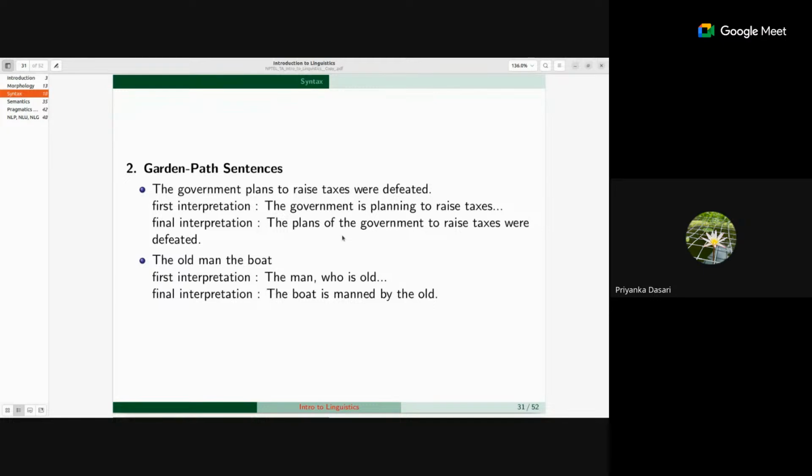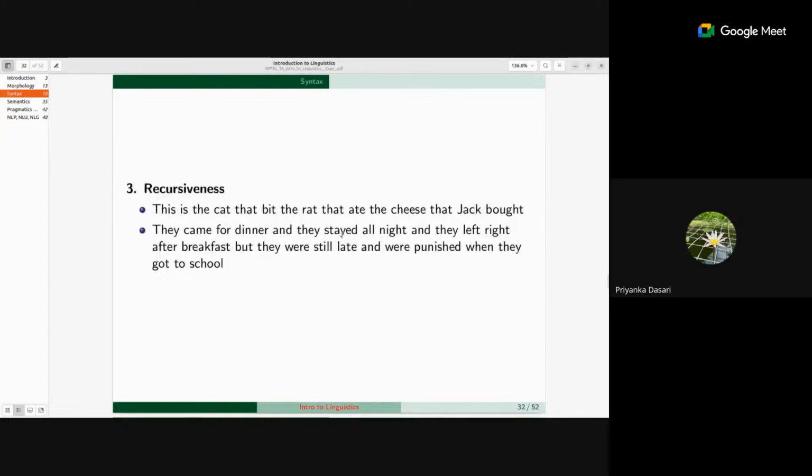You can see this shift in these sentences. In the same way, "the old man the boat." The first interpretation is the man who is old, but finally you come to realize the boat is manned by the old. These are some kinds of ambiguities that you see in language.